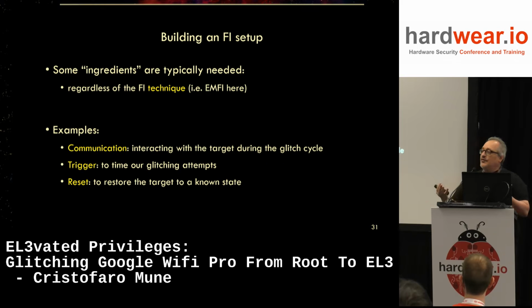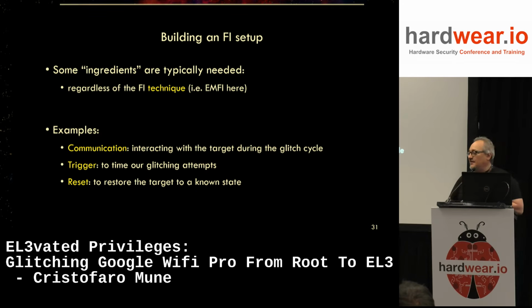Usually you need a way of communicating with the target, meaning even just listening. Sometimes you do fault injection by listening to power traces in order to detect whether you're successful or not, depending on the shape that you get. You can even use side channels in order to guide your fault injection process. It's possible, and we have done it.